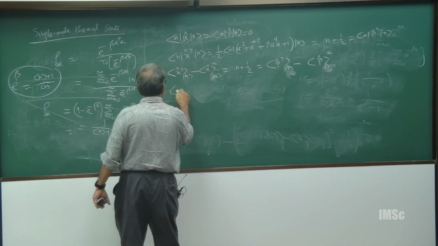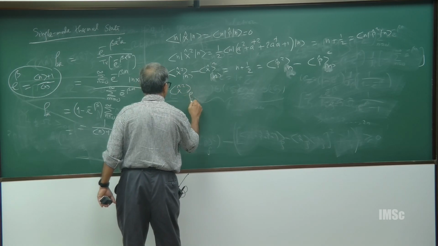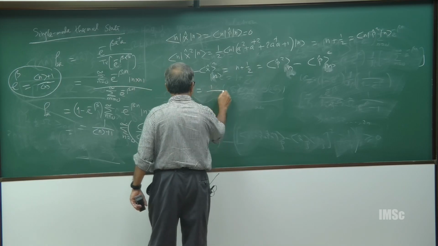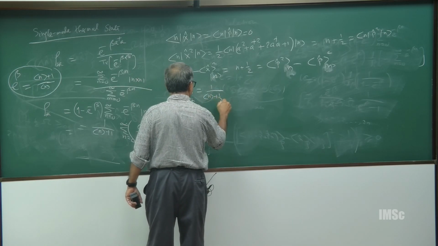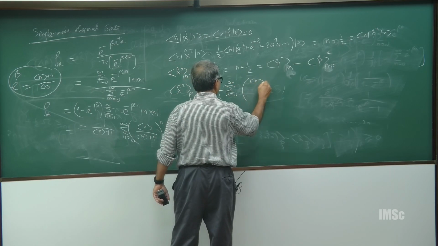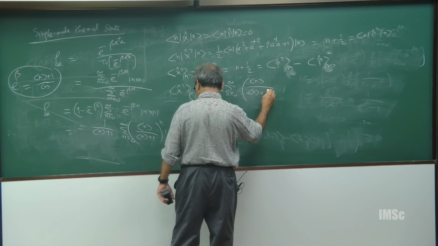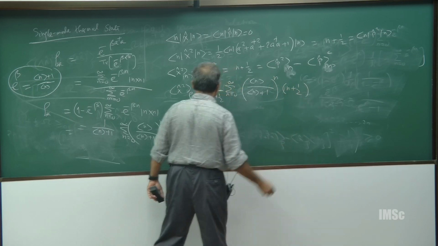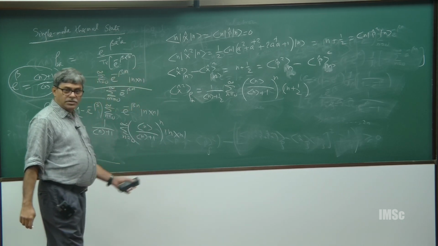So, therefore, for x square I will have to do this with rho thermal. What will be this? This is the sum over n equal to 0 to infinity of n plus half, times n by n plus 1 to the power n, right.